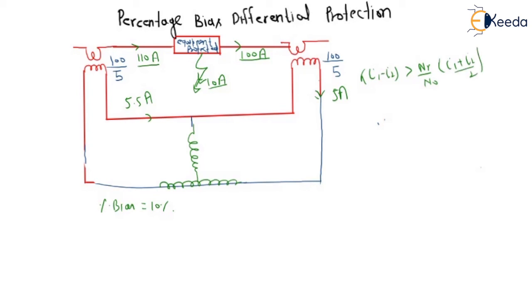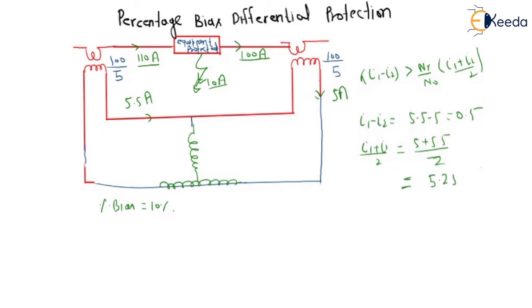I1 minus I2 will be equal to 5.5 minus 5, which is 0.5. And I1 plus I2 by 2 will be 5 plus 5.5 by 2, which is equal to 5.25.